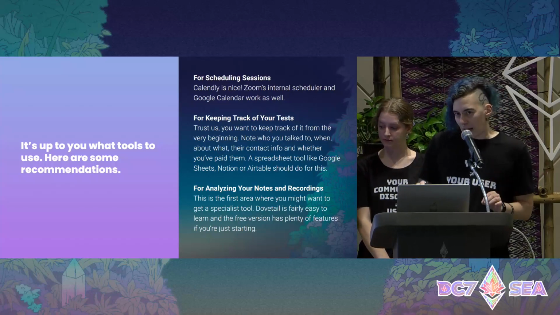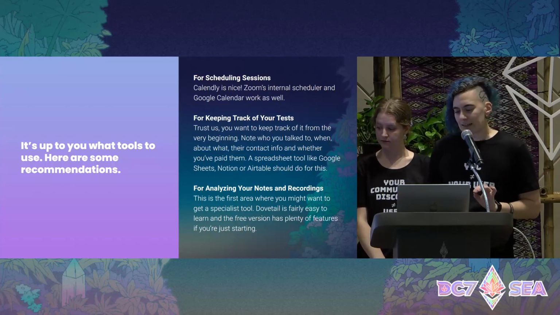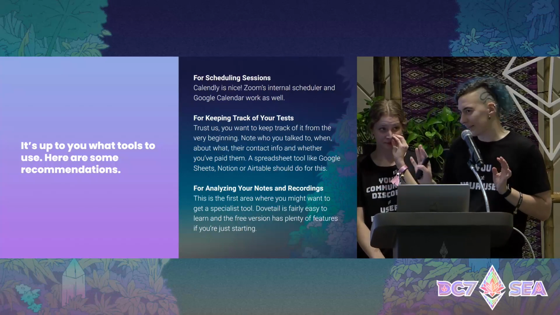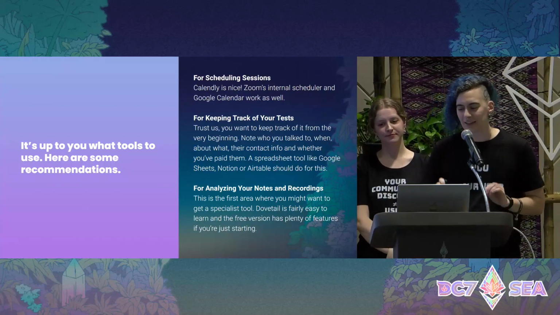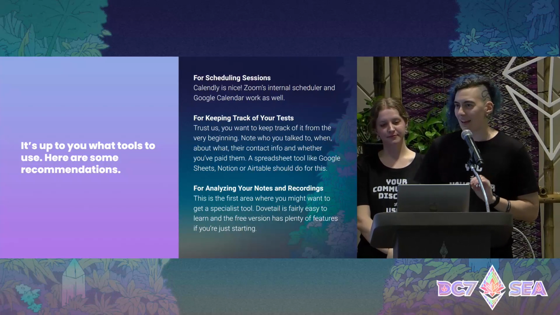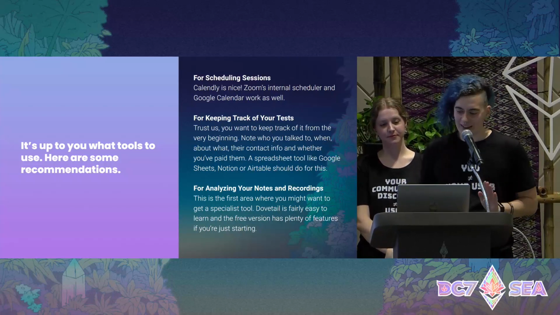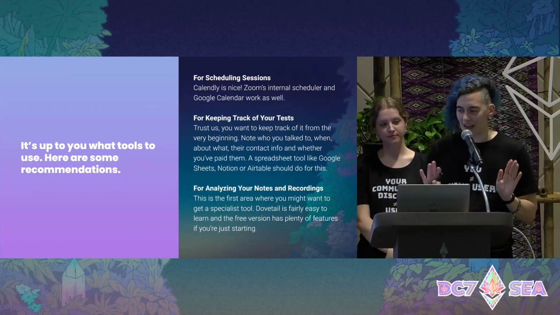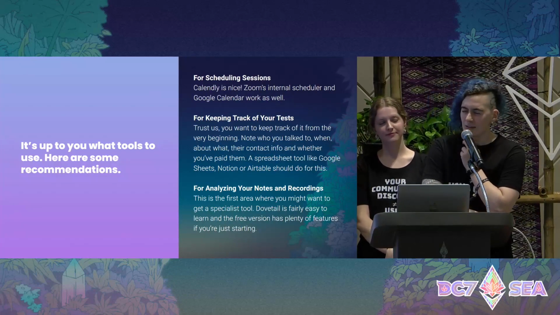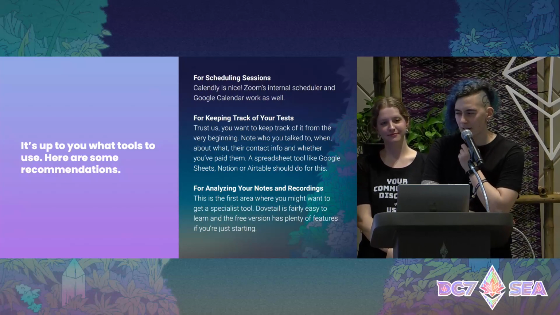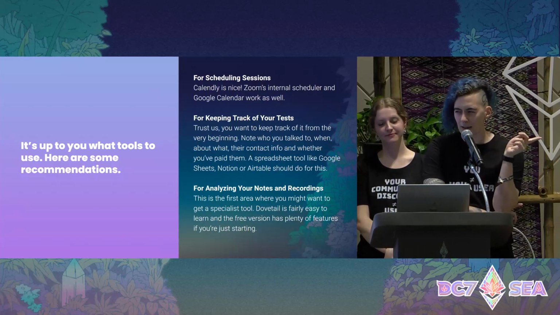For keeping track of your tests, that seems like an unusual thing to mention, but trust us, you want to keep track of what you're doing, because at first you'll be able to remember, and then fast forward half a year and you're like, did we test this feature? How many people saw this? Did we talk to this guy?